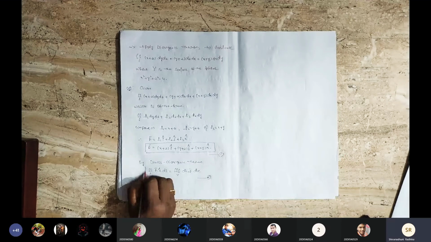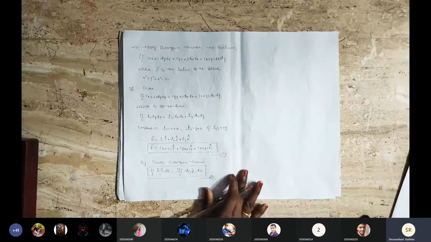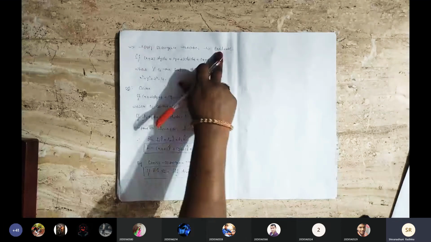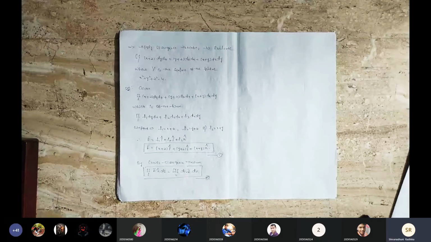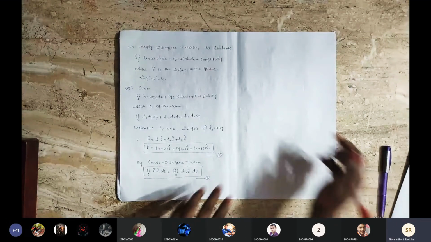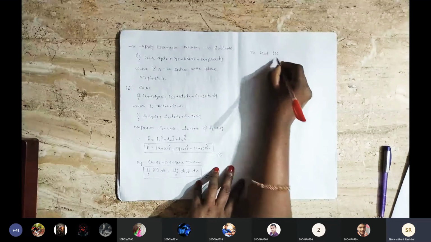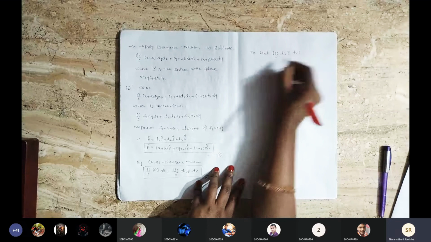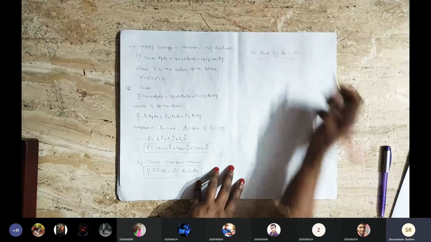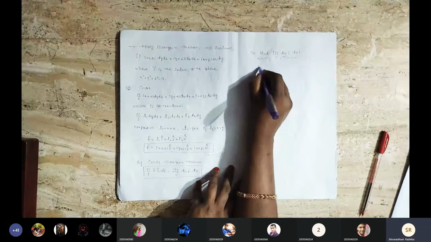This is the Gauss divergence theorem. In this, the given problem is the evaluate problem, so we find this triple integration value. For that purpose, we are going to take one case: to find the triple integration over V of divergence F bar dV, we first of all find divergence F bar.